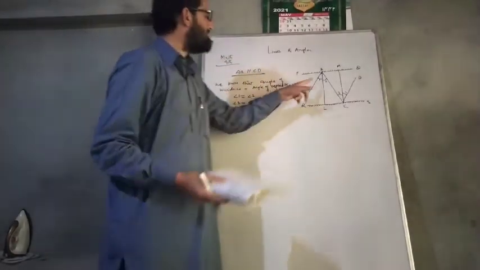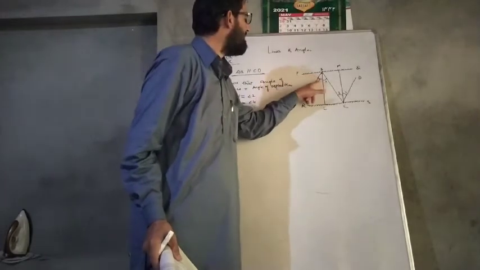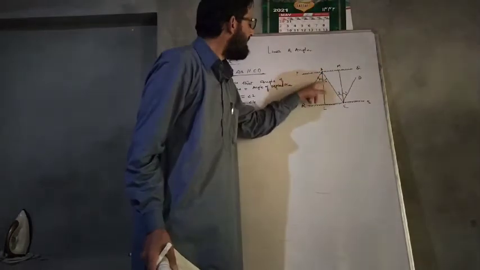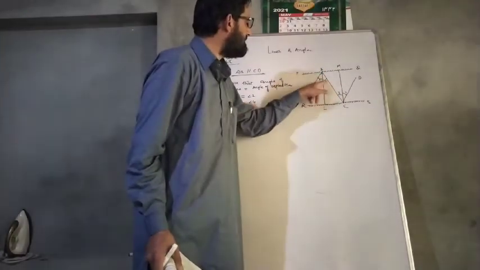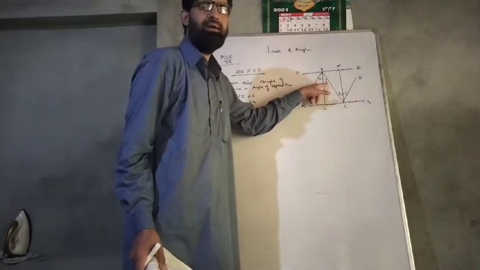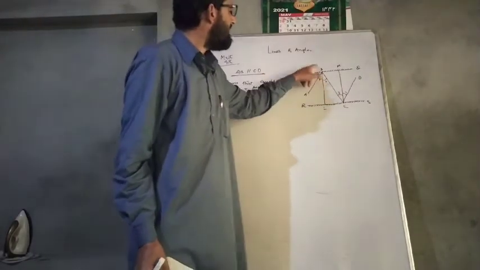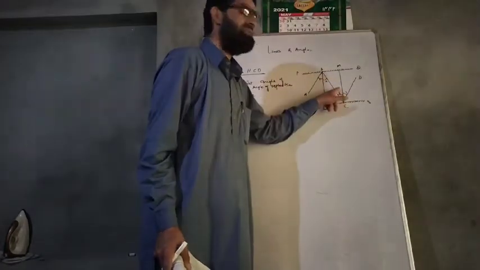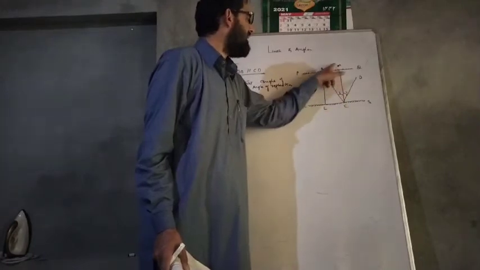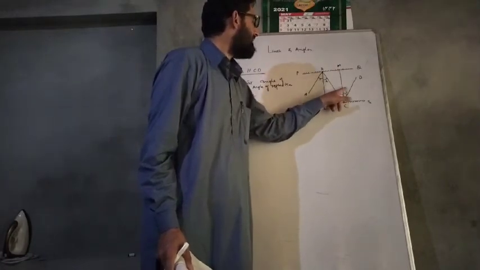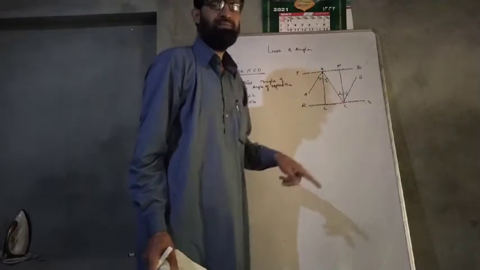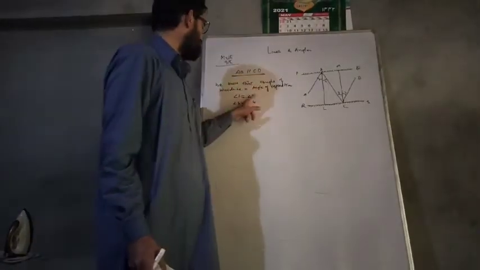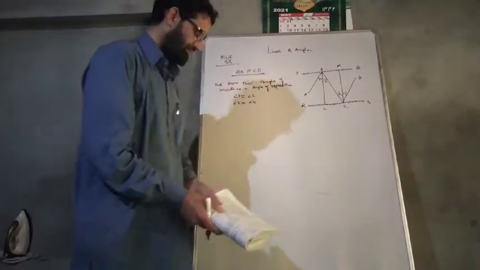Now see, AB is the incident ray, therefore angle 1 is the angle of incidence, and it gets reflected along BC. BC makes angle 2 with the normal, so angle 2 is the angle of reflection. Similarly, BC is the incident ray for this mirror RS, and angle 3 becomes the angle of incidence. CM is a normal, and this angle 4 is the angle of reflection. So the angle of incidence is equal to the angle of reflection. Angle 1 is equal to angle 2, and angle 3 is equivalent to angle 4.